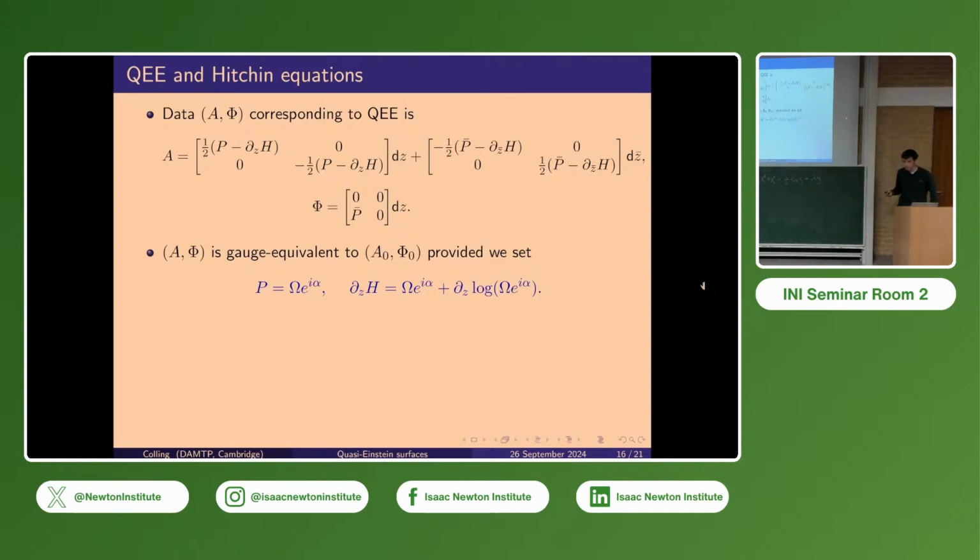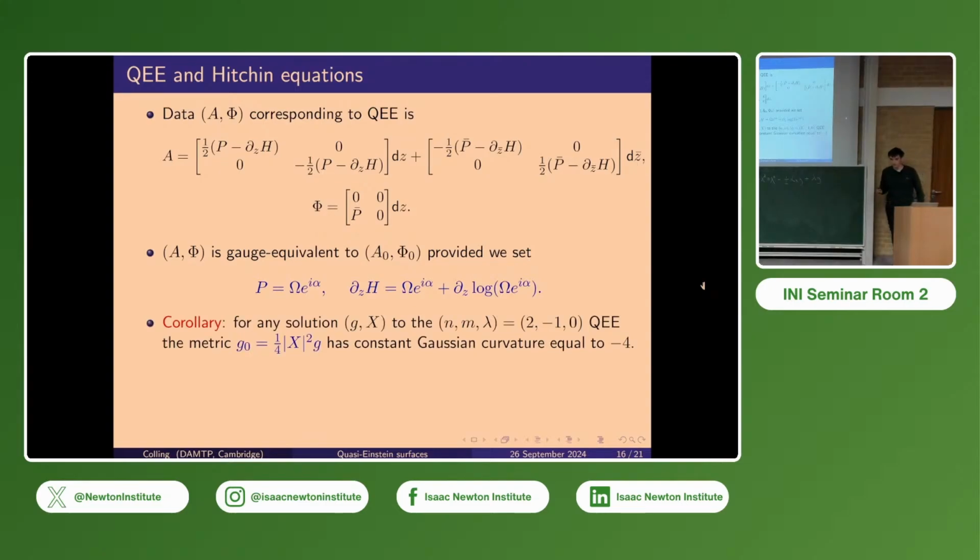So for every solution to the Quasi-Einstein equations, the corresponding solution to the Hitchin equations is gauge equivalent to the one defined by the metric mod p squared dz dz bar. And then a corollary is that this metric must have constant curvature equal to -4. We can write this metric invariantly in the following way: a quarter of the norm of X squared times g. So this observation will fix mod p as a solution to the Liouville equation.